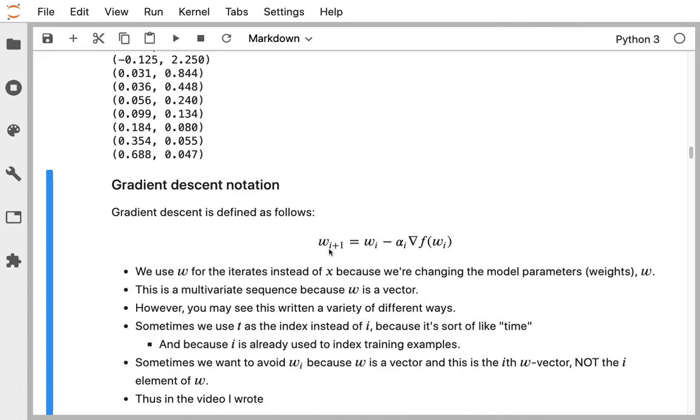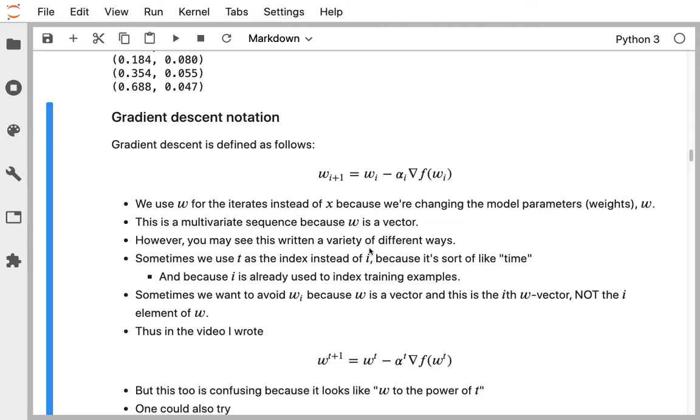But also, whether or not we're using i or t, w sub i or w sub t can be confusing in the sense that w is a vector, and when we put a little subscript under a vector, we usually mean that we're indexing an element into that vector, but that's not what we mean. We don't mean the fifth element of the w vector that had 10 elements. We actually mean the whole next w vector.